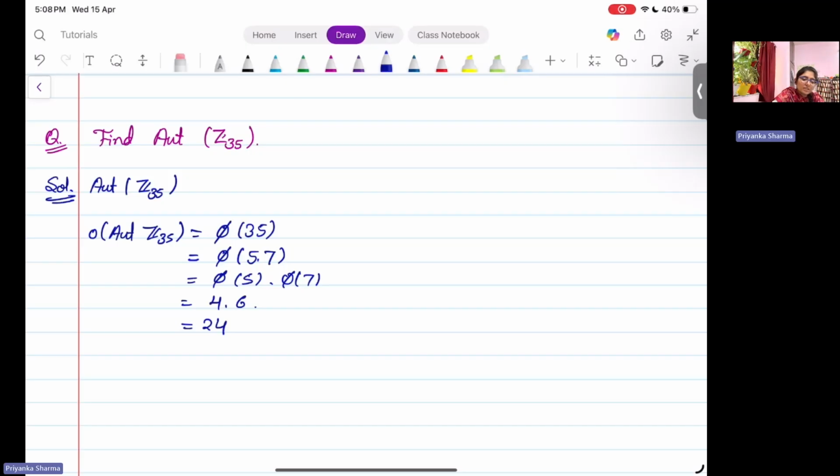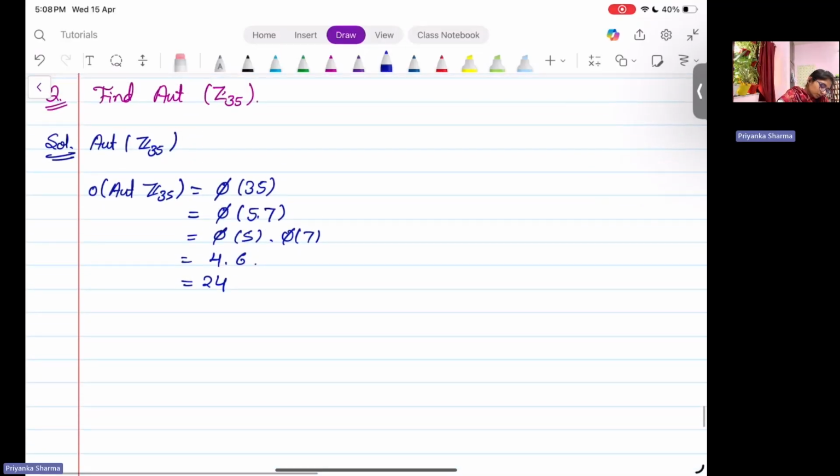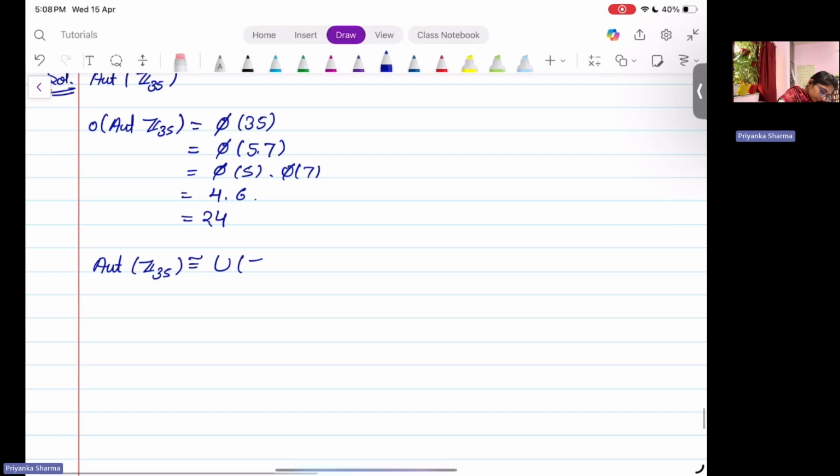Now, what is this up to isomorphism? So we can say that the automorphism group of Z35 is isomorphic to the unit group of Z5 cross the unit group of Z7, because Z35 is isomorphic to Z5 cross Z7.